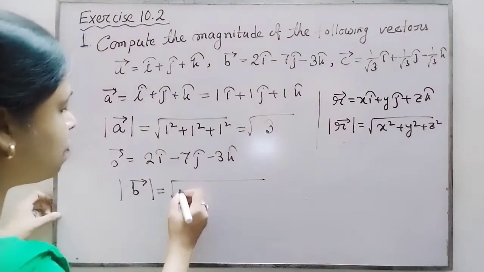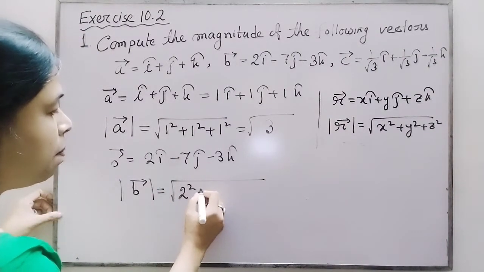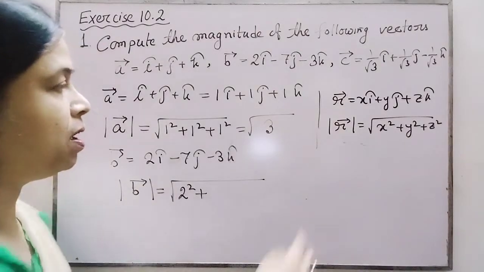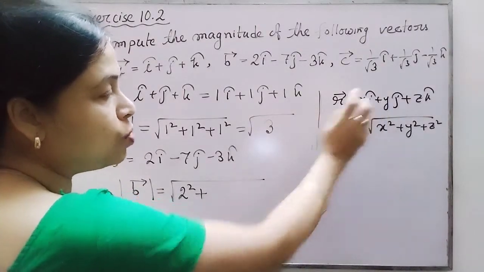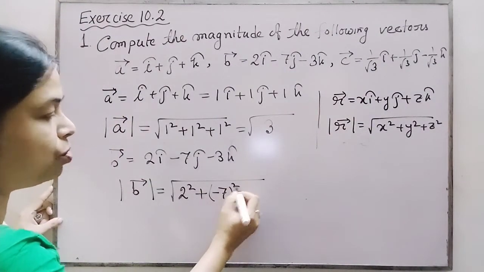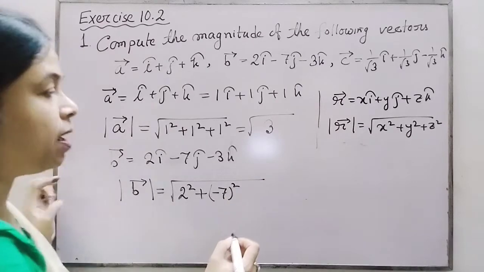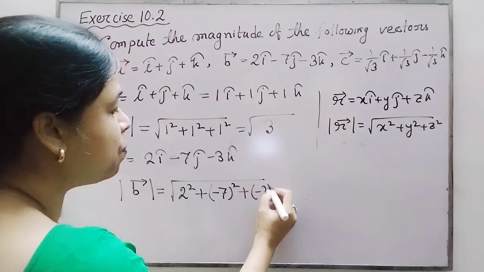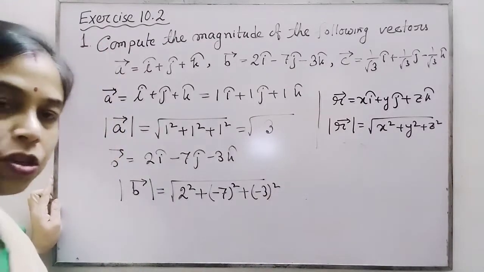So here the coefficient of i cap is 2, so 2 square, plus the coefficient of j cap. What is the coefficient of j cap here? Here it is minus 7, so you have to write minus 7 whole square. Similarly, the coefficient of k cap is minus 3, whole square. Do the calculation in your own way.